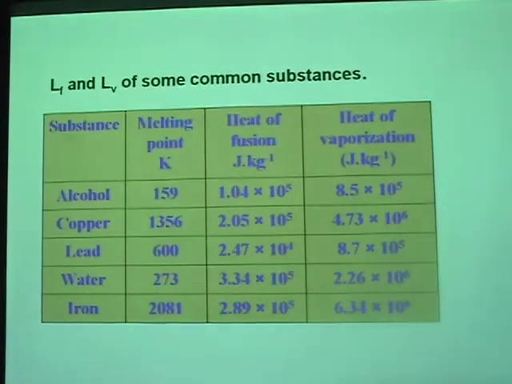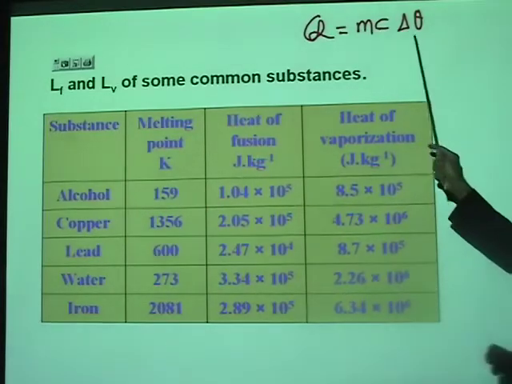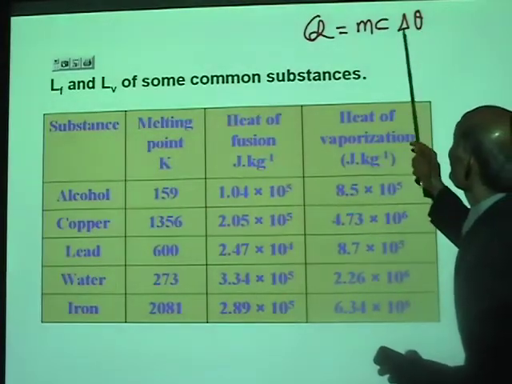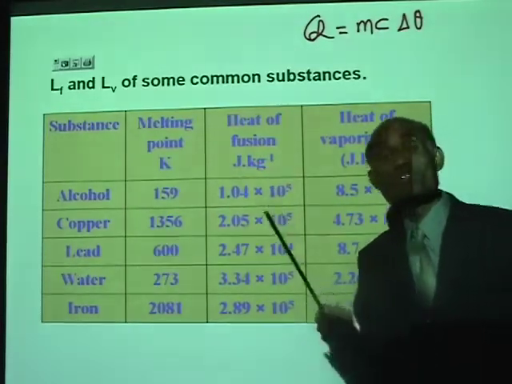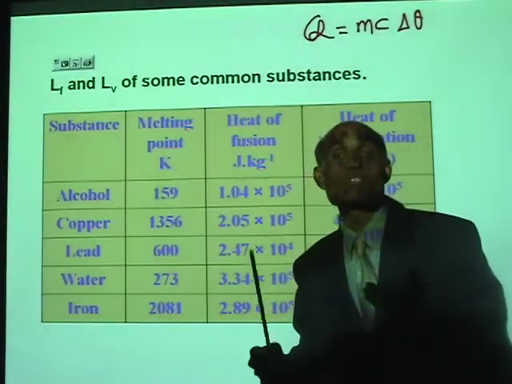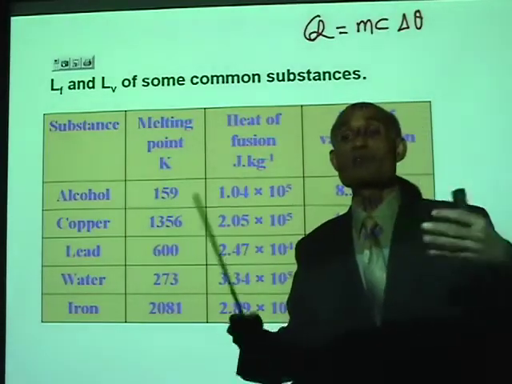Now, let's review just for a second. What is the amount of heat Q required to raise the temperature of m kilogram of a substance by delta theta, which will be Q equal to mc delta theta? Is that right? When there is a change in temperature, it is the specific heat that is involved there. When there is no change in temperature, what is involved is the latent heat. Now, please remember that.